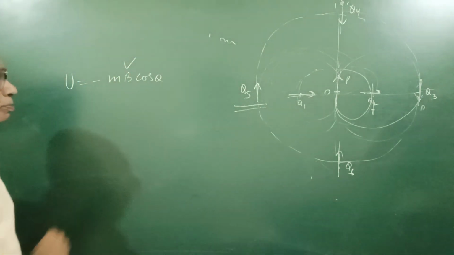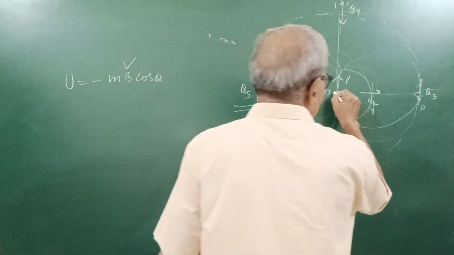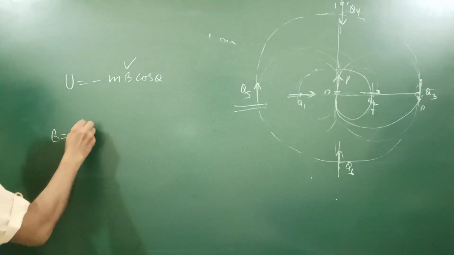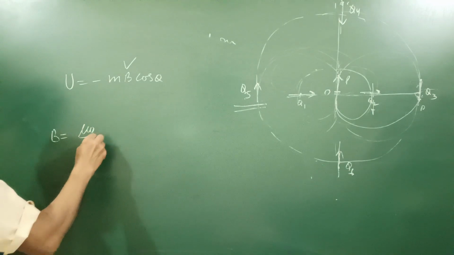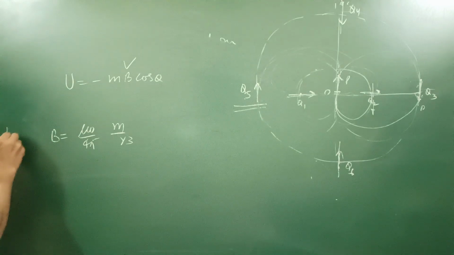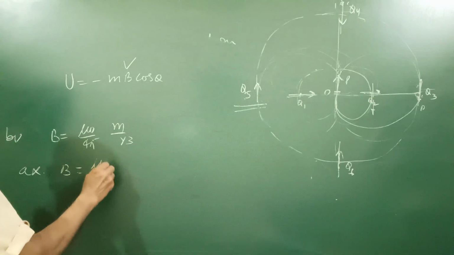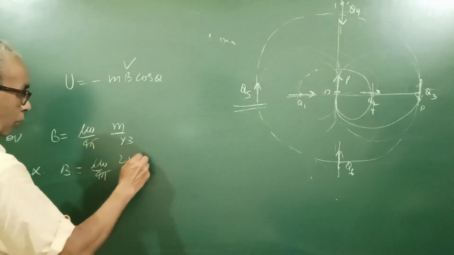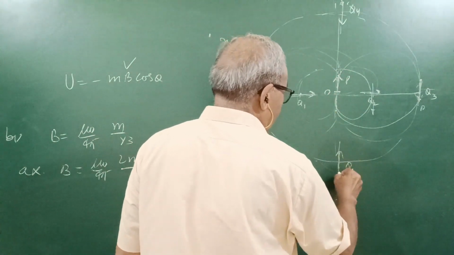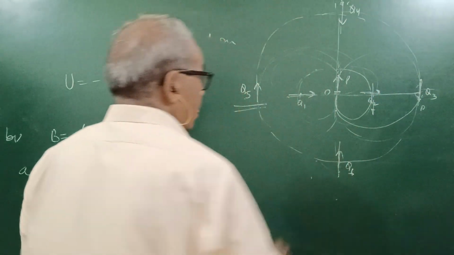It depends on B, and M is fixed for both. The magnetic field on the bisector due to a bar magnet is mu0/4pi times M/r cubed, and on the axis it is B equal to mu0/4pi times 2M/r cubed. In this situation they are in the field of each other, but here the field is weaker than this.